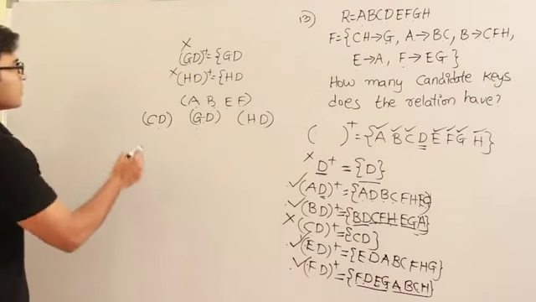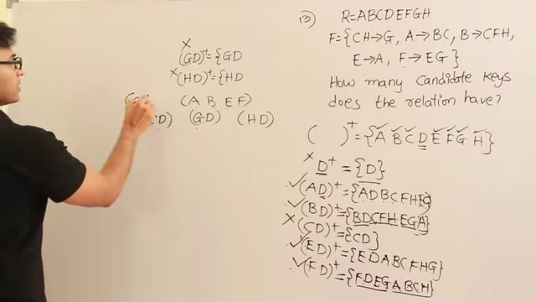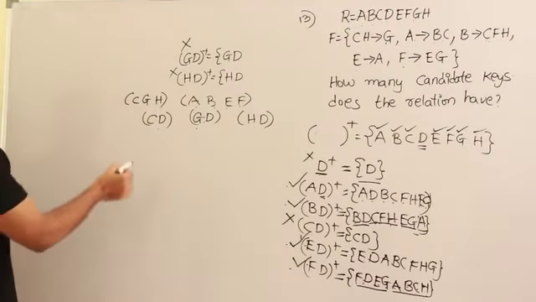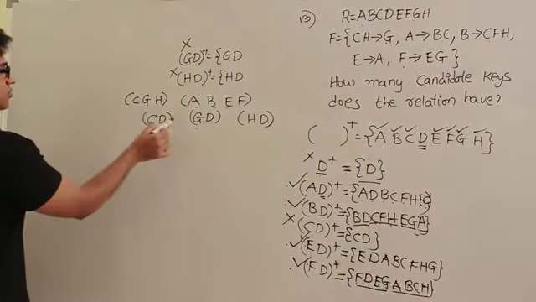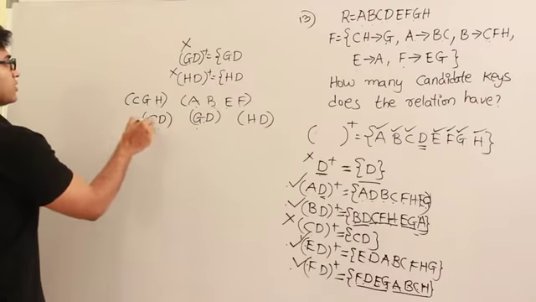Then what are the remaining? The remaining attributes are obviously C, G and H. D is already included, right? Therefore you have to add these 3 elements to each one. Let's test this one. Now I'm going to add G to this.